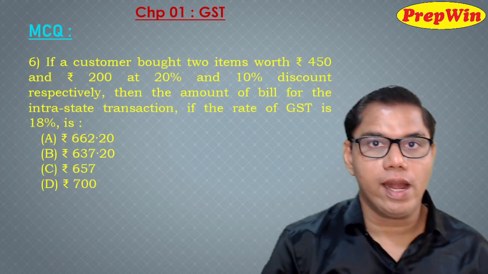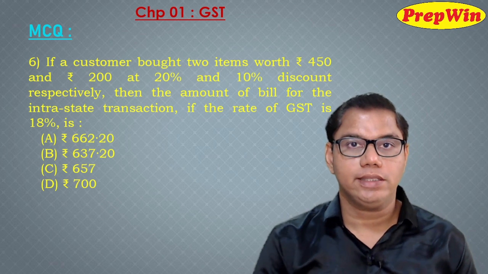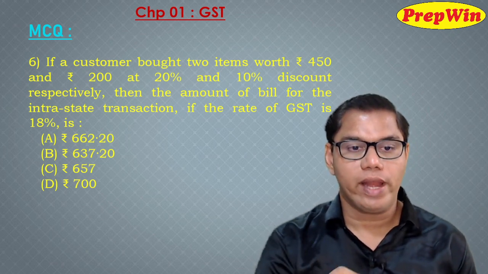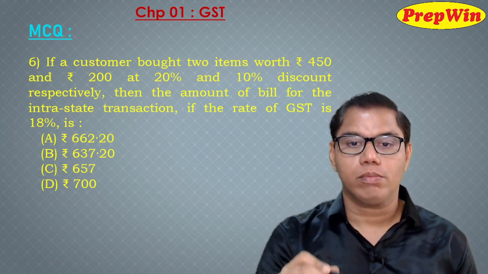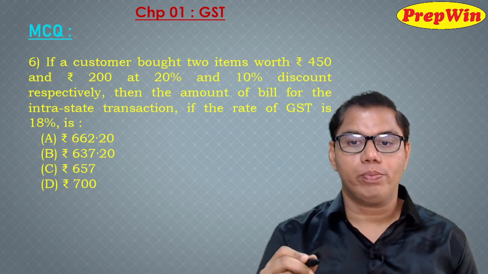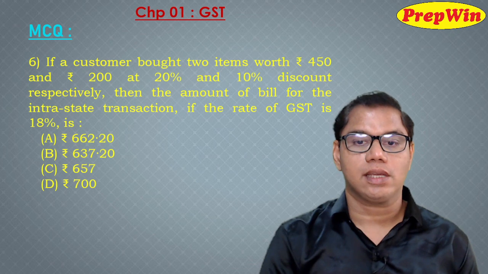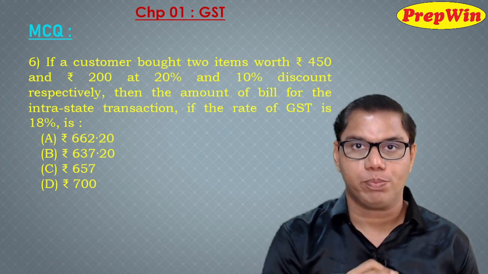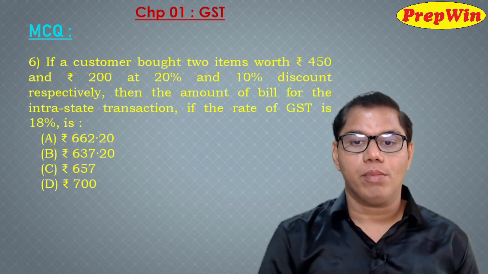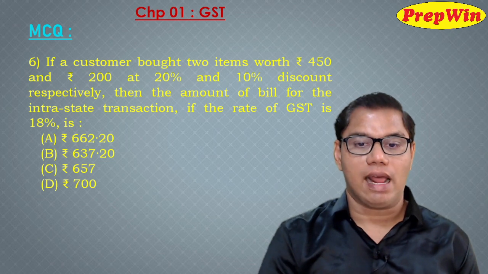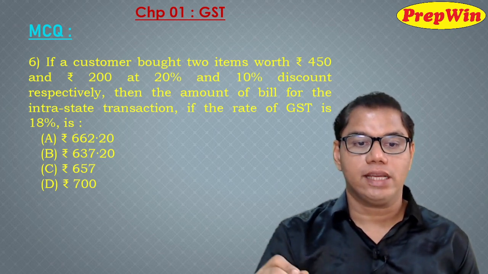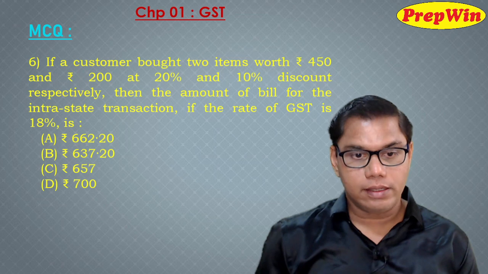Remember, the difficulty level will keep on increasing with every sum. So next sum: if a customer bought two items worth rupees 450 and rupees 200 at 20% discount and 10% discount respectively, then the amount of bill for intrastate transaction if the rate of GST is 18% is dash.